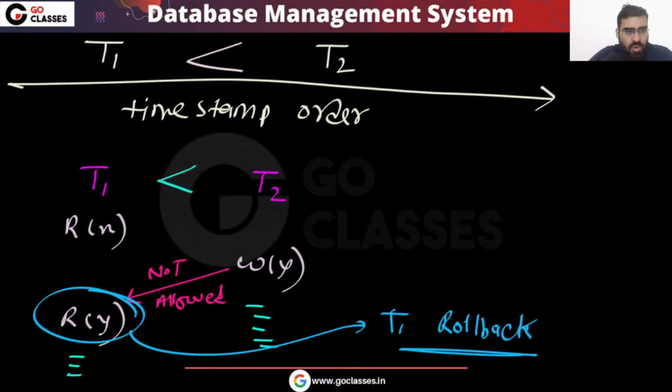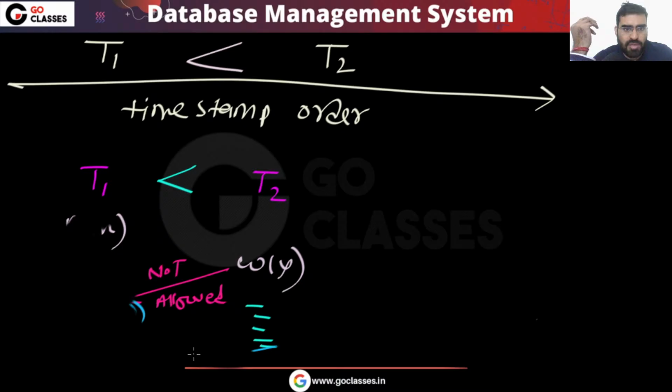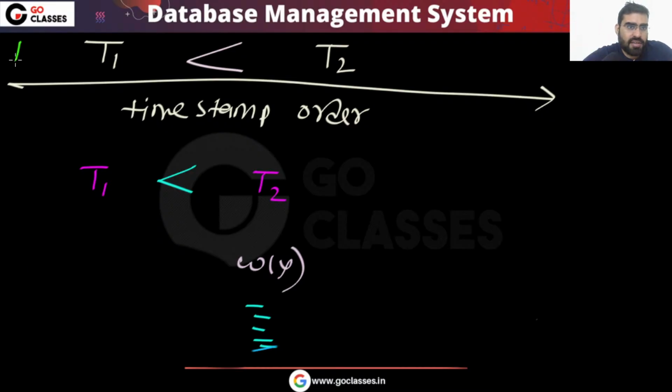Now assume you start T1 again. T1 has rolled back, so this T1 is gone. Now this is the restarted T1.